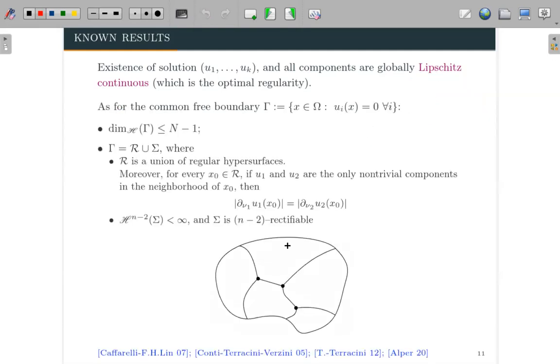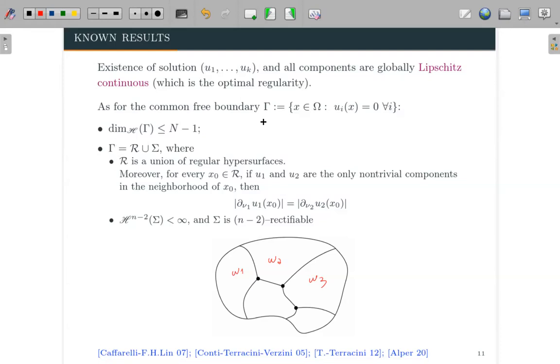And then how about the free boundary, which in this picture will be these lines that I draw here. To tell this in a short way, you say that this is n-1 rectifiable. What does this mean? It means that the Hausdorff measure is at most n-1.